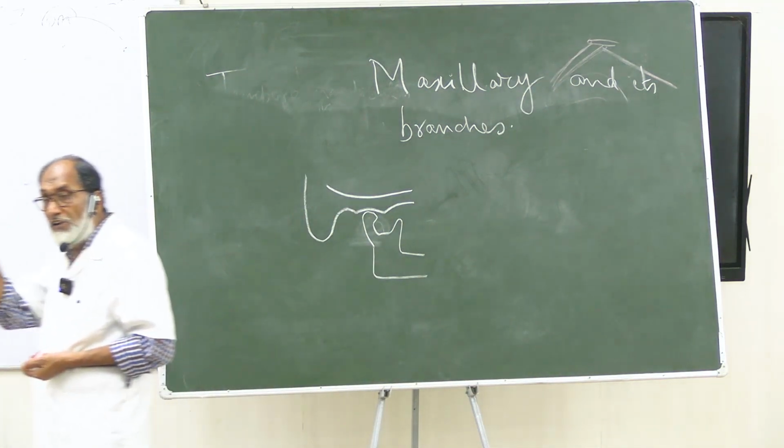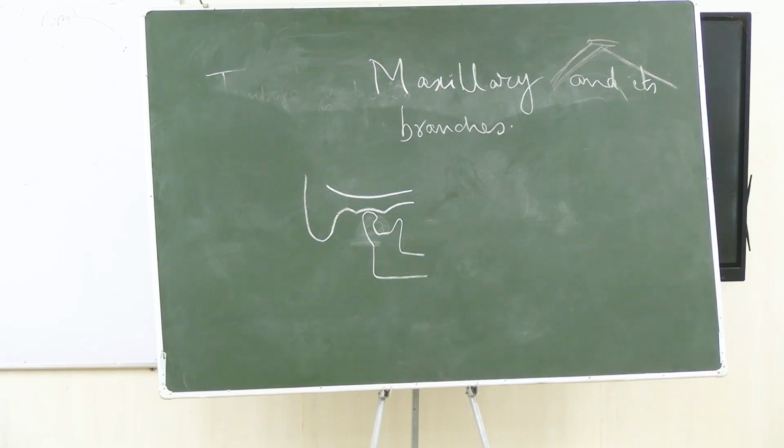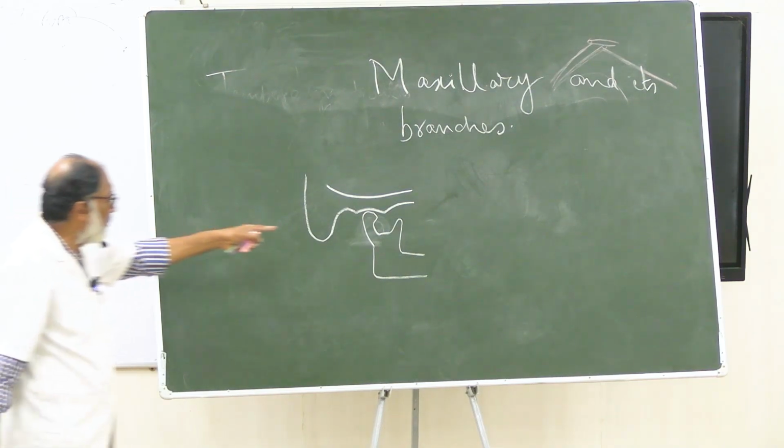This maxillary artery passes through the inner aspect of the neck of the mandible.